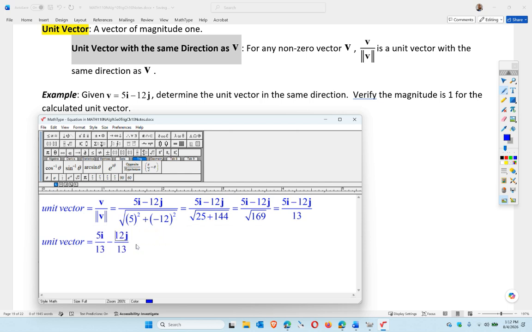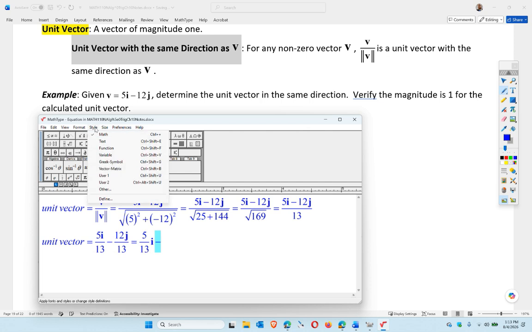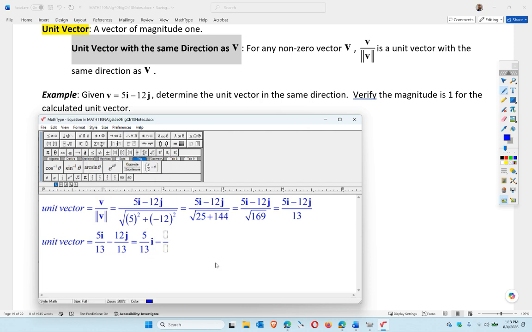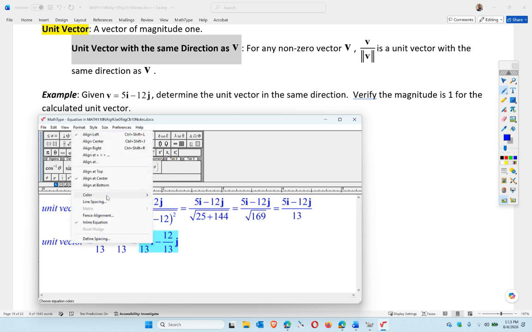So essentially it's 5/13 i minus 12/13 j. Okay, so there is my unit vector.